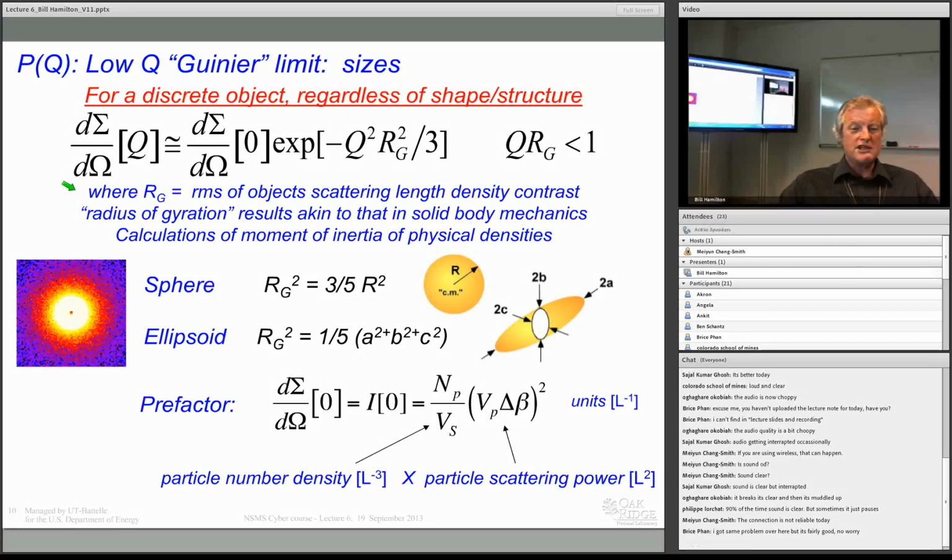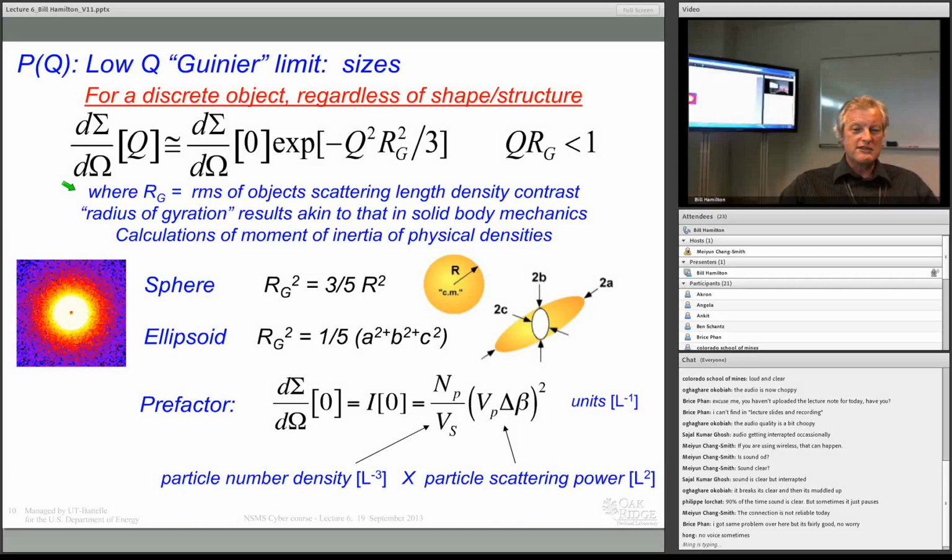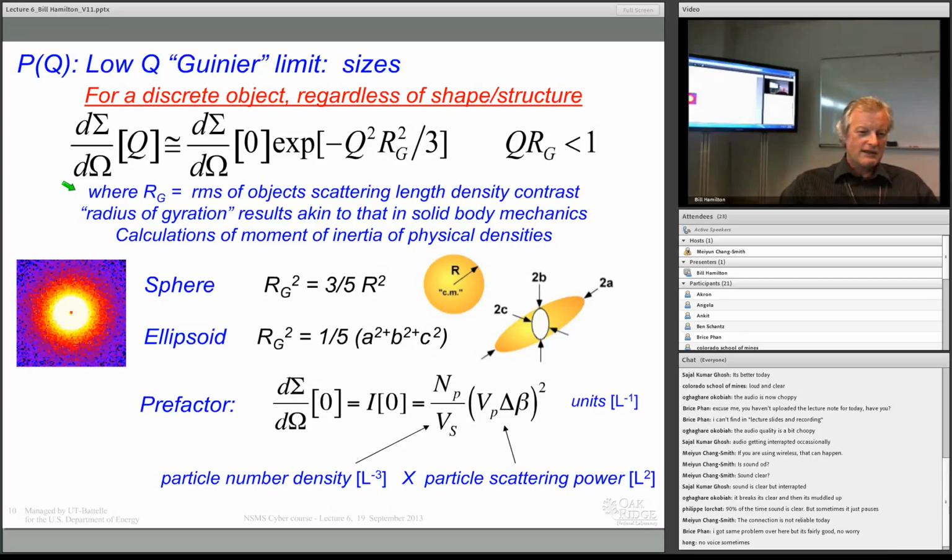The Rg for a sphere is basically the square root of 3/5 of its radius squared. The Rg for an ellipsoid is similar. Basically, if A, B, and C were the same, you'd see why we get that 3 there. And so we end up with scattering that has this prefactor, so it's nice and simple.